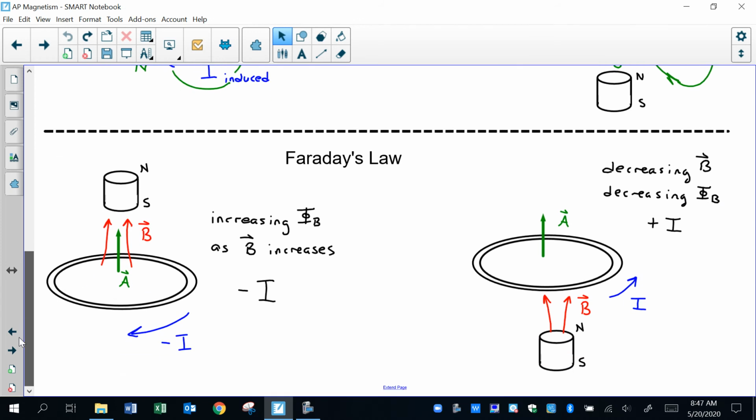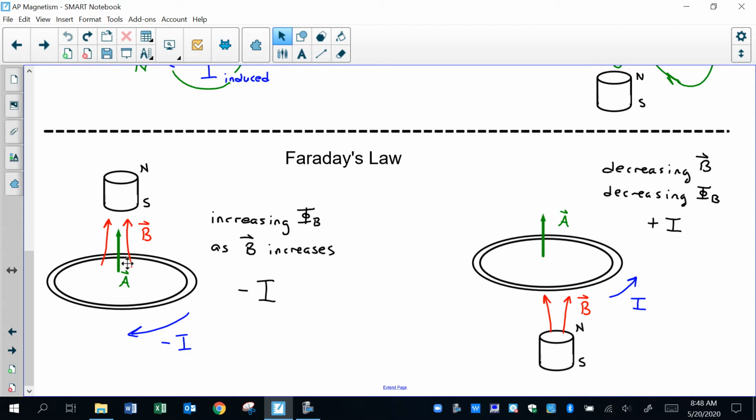So here's Faraday's law showing how our current will develop, negative versus positive. First, right-hand rule: if my magnetic field is pointing up into my south, I'm going to say that my area points that way. So I start off with a nice positive dot product. Right-hand rule, thumb up, finger curl. This is positive current. As this gets closer and closer, B increases.